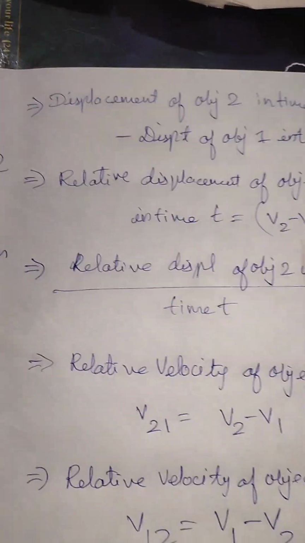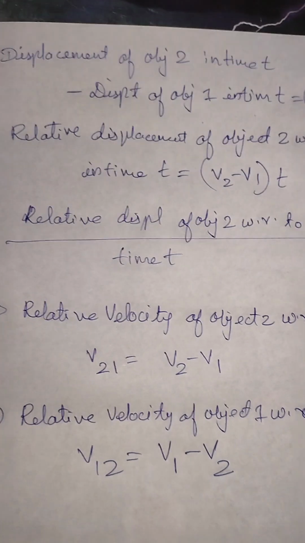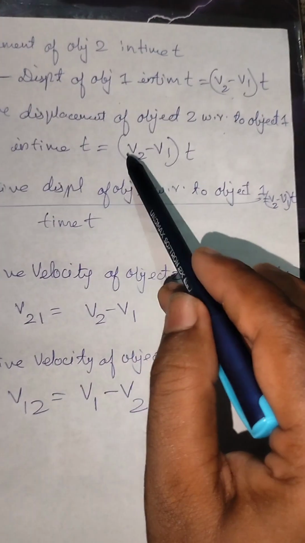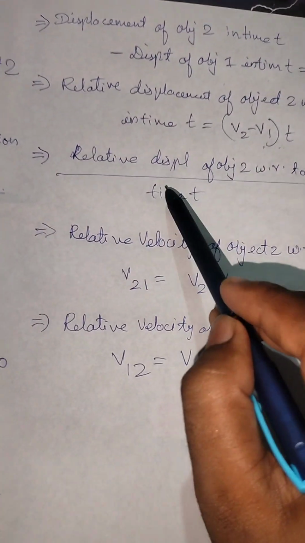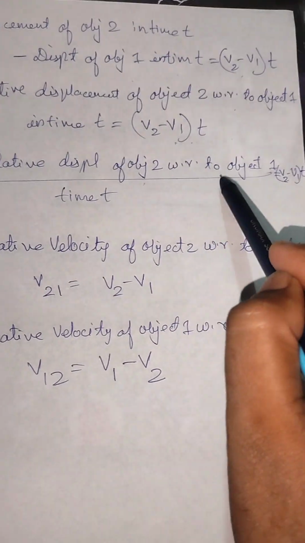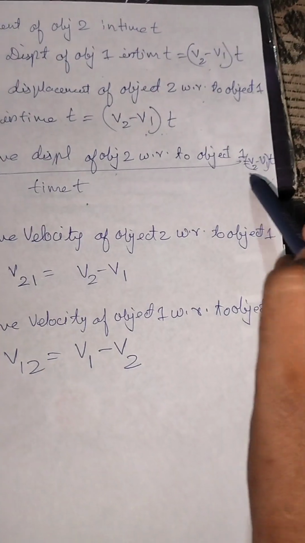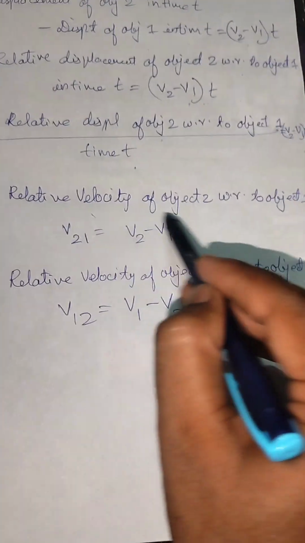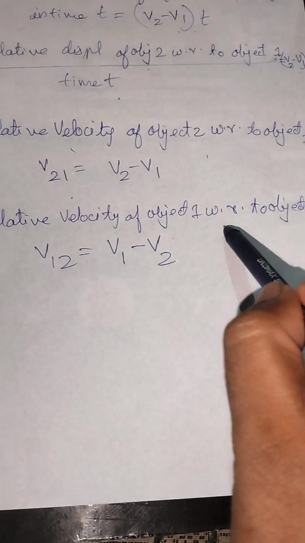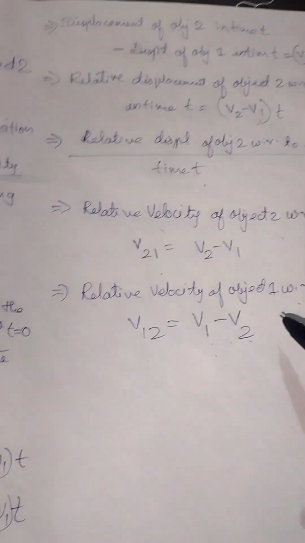The relative displacement of object 2 with respect to object 1 in time t is v2 minus v1 into t, the difference in the velocities. So the relative velocity of object 2 with respect to object 1 is v21, and the relative velocity of object 1 with respect to object 2 is v12, which is v1 minus v2. That's all about this topic.